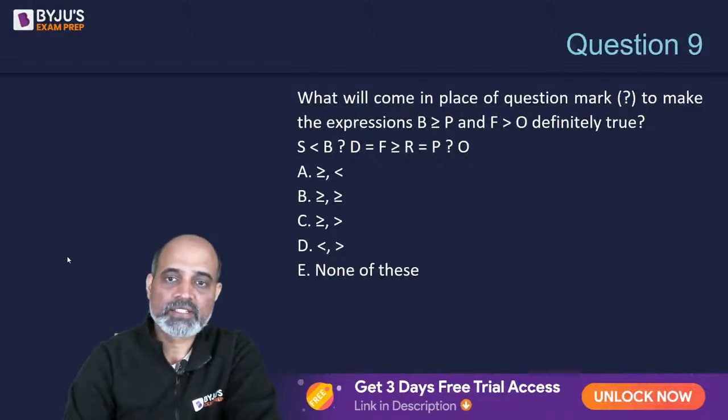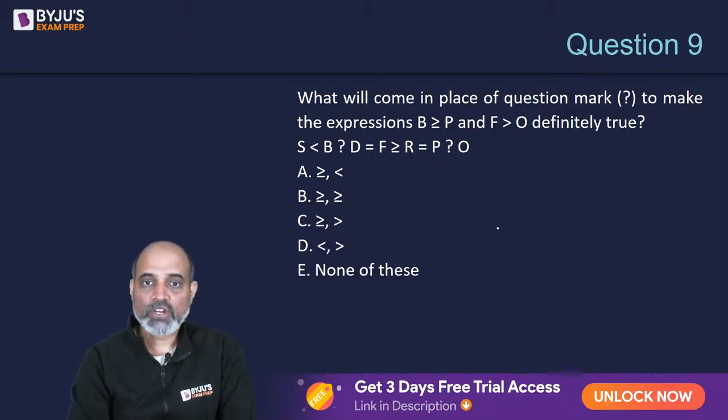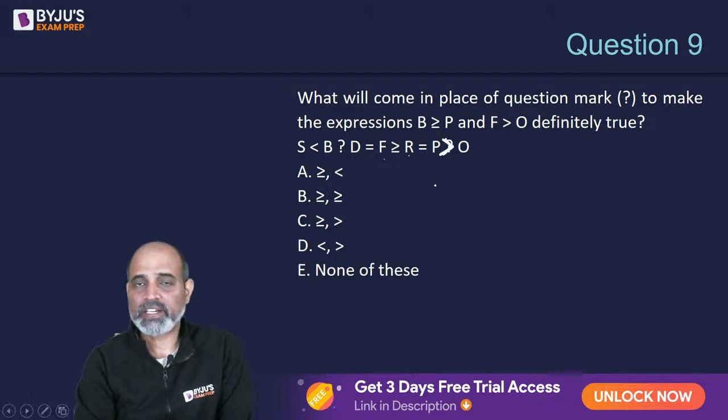Okay, next, what will be the symbol in place of the question mark to make the expression B is greater than or equal to P and F is greater than 0? If we want F to be greater than 0, as of now F and R and P are the same, so this has to be greater.